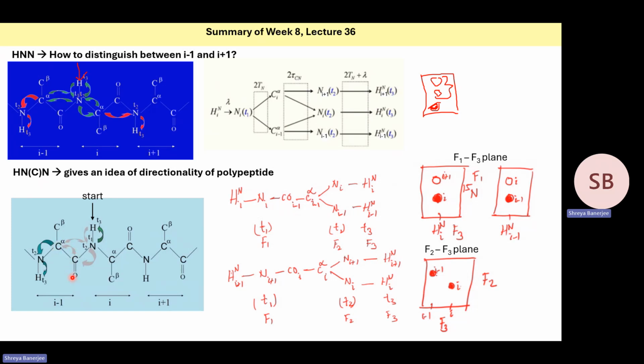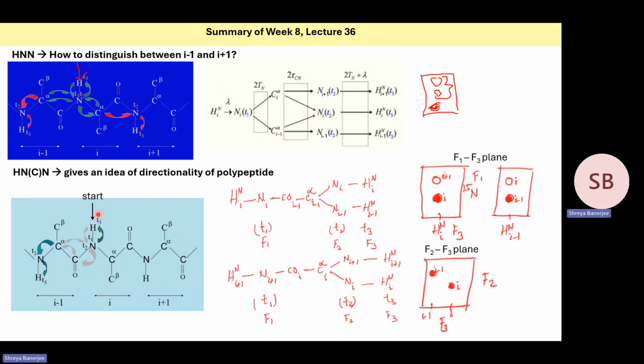So because this experiment is using this group as a medium for transfer, the magnetization is only getting transferred in the I minus 1 direction. Because as you see in the I plus 1 direction, there is no carbonyl between N and C alpha. So this particular experiment requires a carbonyl in order to transfer the magnetization from N to C alpha.